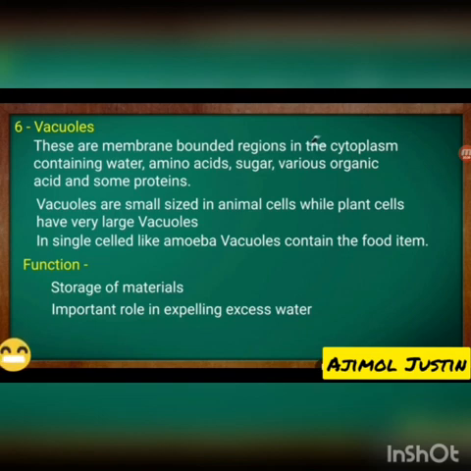In single-celled organisms like amoeba, vacuoles contain the food item. What is the function of vacuole? It stores materials. And the main important role is expelling of excess water from the cell.